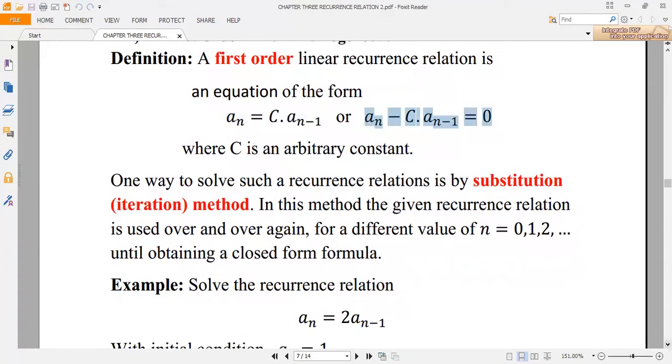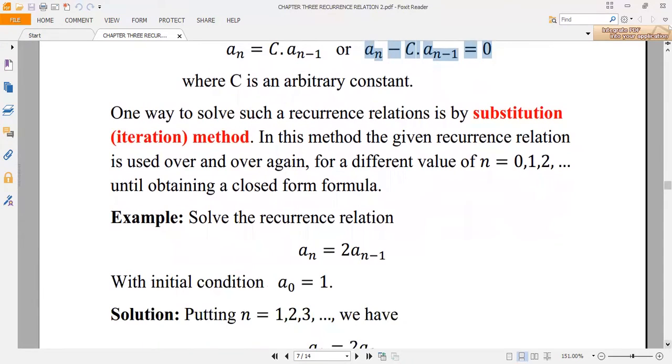One way to solve such a recurrence relation is by substitution or the iteration method. In this method, a given recurrence relation is used over and over again for different values of n, from 0, 1, 2, until we obtain a closed form formula for the recurrence relation. That formula will be the solution for the recurrence relation.